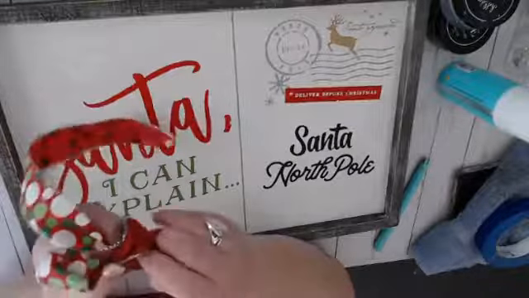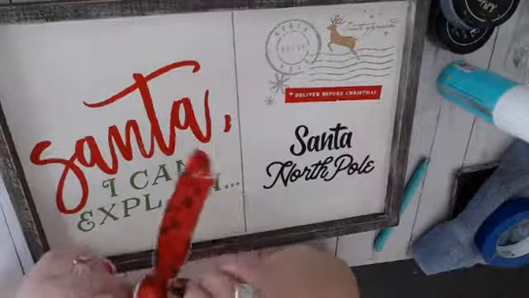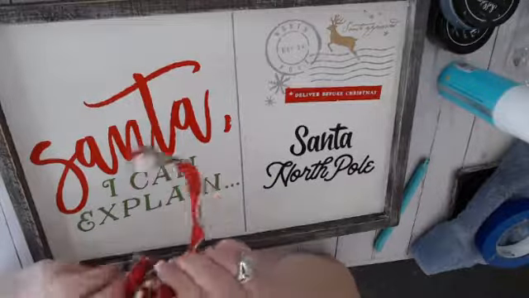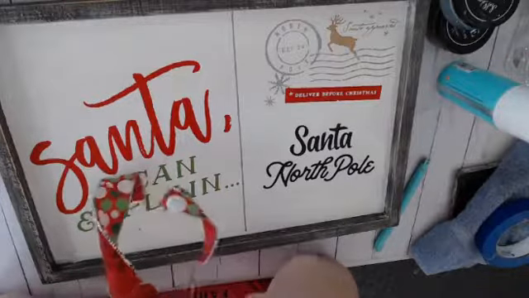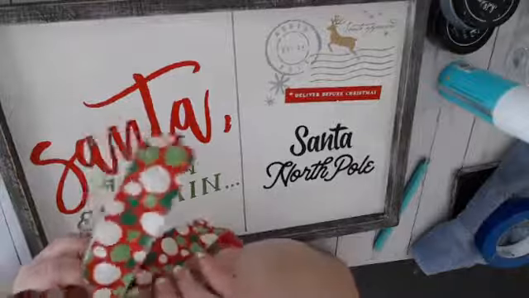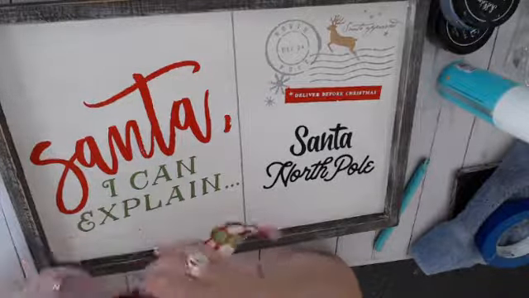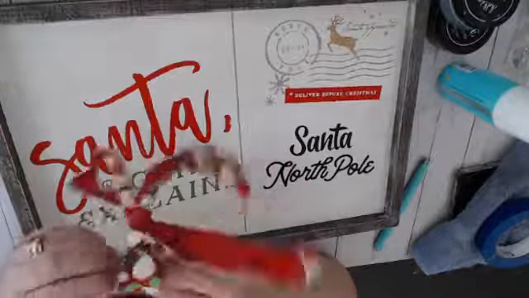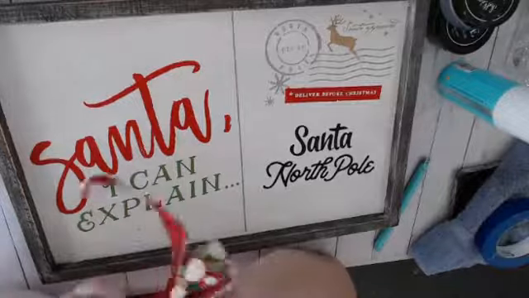Let's see if I can turn this to where I can get it the right way. I want to make sure that my ribbon is showing right. And so then I could cut it. Of course, I would definitely cut this down because this is way too big.